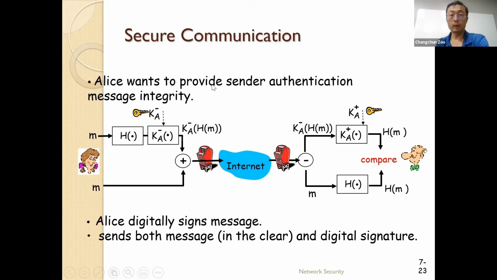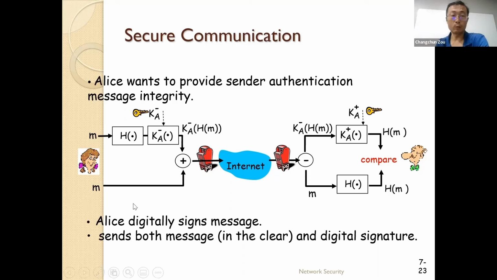And if Alice wants to provide sender authentication and message integrity, basically a digital signature purpose, suppose Alice wants to make sure you sign a signed contract to Bob. You are not worried about the secrecy of the contract. It is public information.